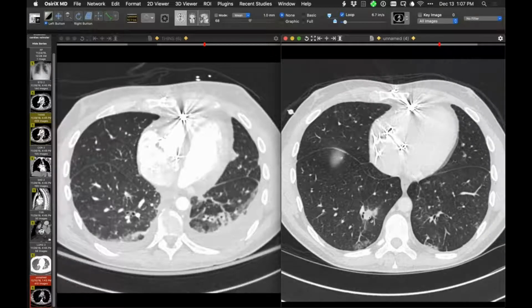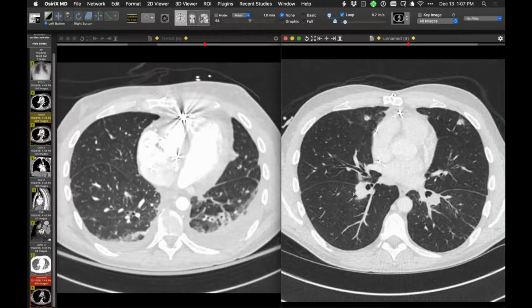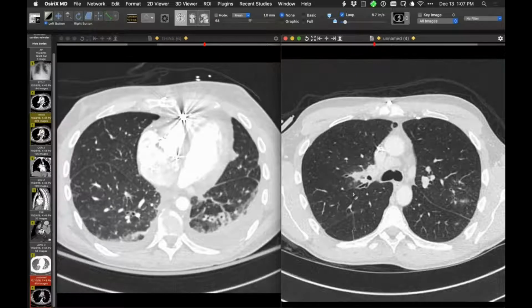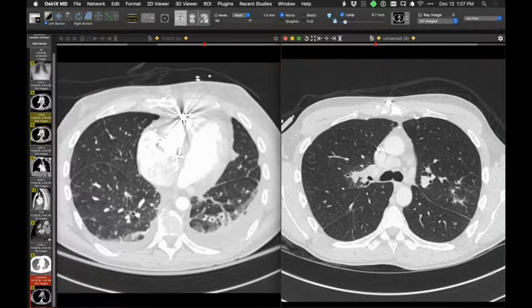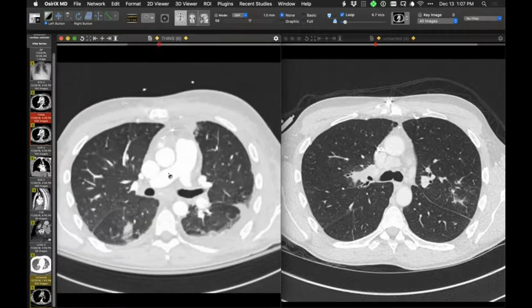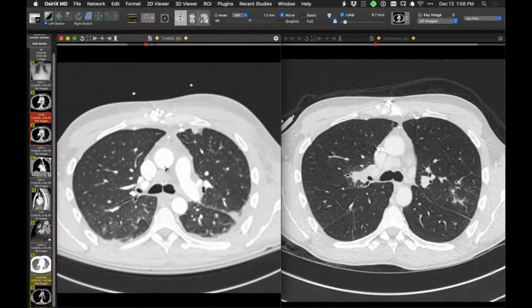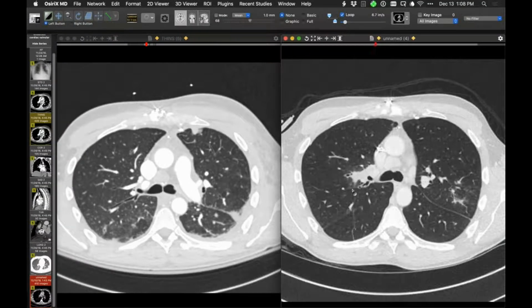So I noticed that, and then I started looking for the same phenomenon elsewhere. So I found a few places. Let me show you one other one. So now I'm scrolling up, and look at this area, for example, here. And let me go to the same area previously, which is up here. And in that location, now, also in relation to that bronchovascular bundle, it's really rather thick.